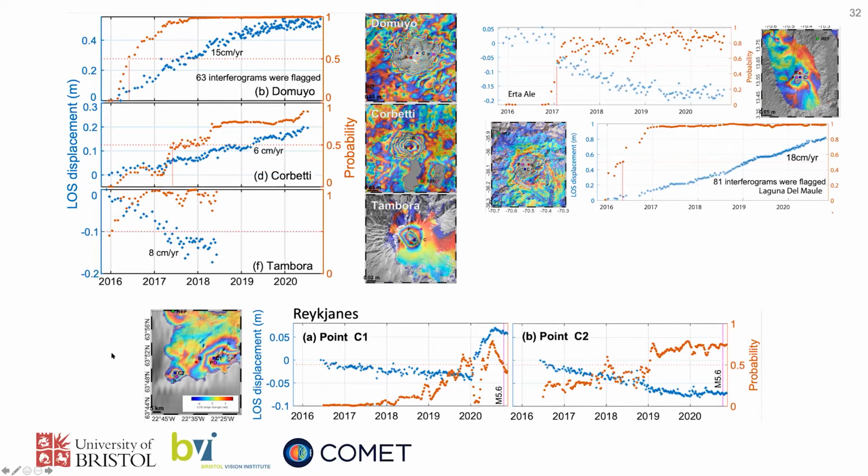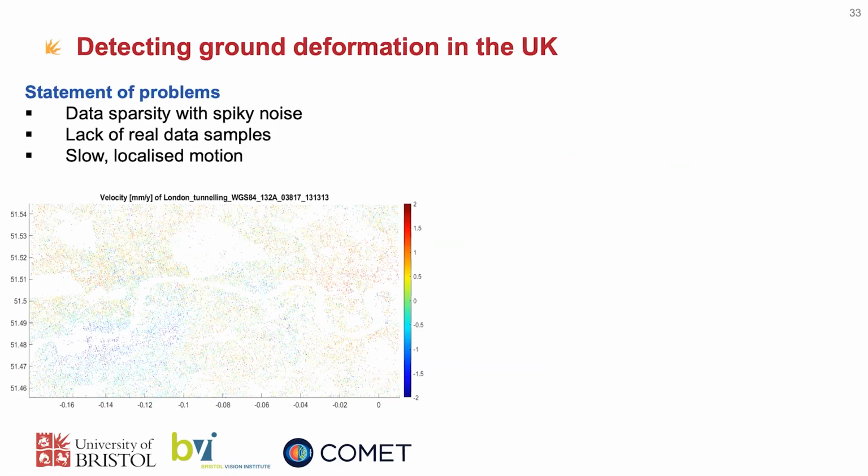Okay, so another example is this recent work. We applied those volcano methods to a different kind of signal to detect ground deformation in the UK.